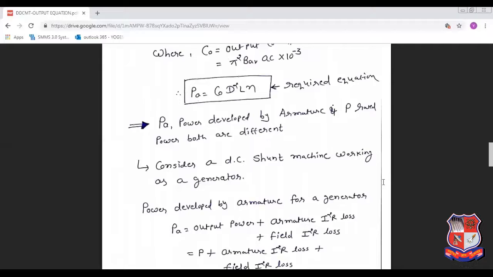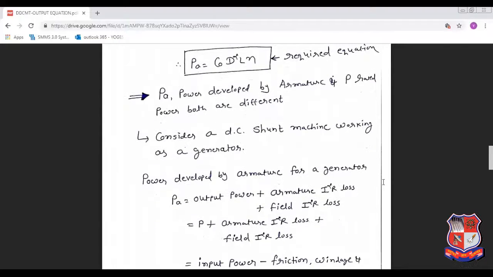Then D square L is equal to PA divided by C0 N. Then we separate the terms D and L from the combined product D square L. For that, we use different criteria, like the ratio of pole arc to pole pitch and also the peripheral speed Va. Peripheral speed Va is equal to pi D N meter per second. We use any one criterion to separate D and L from the D square L product.